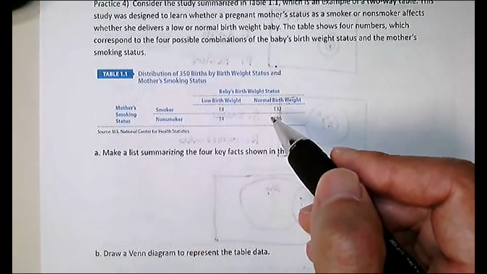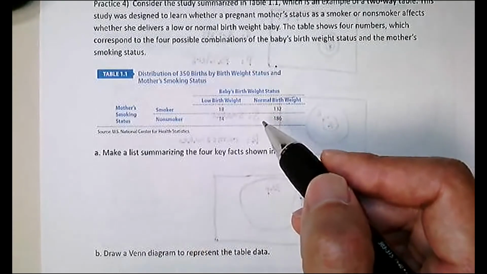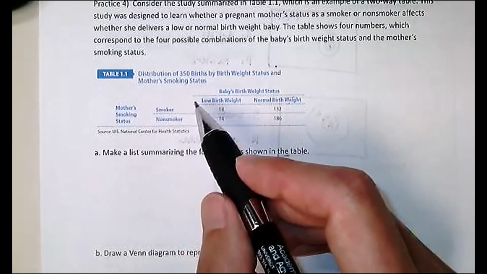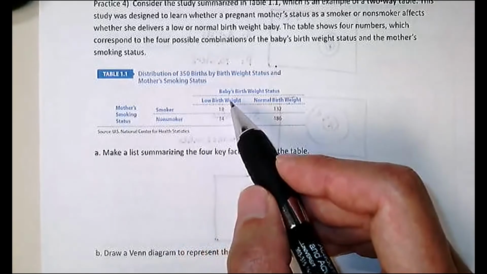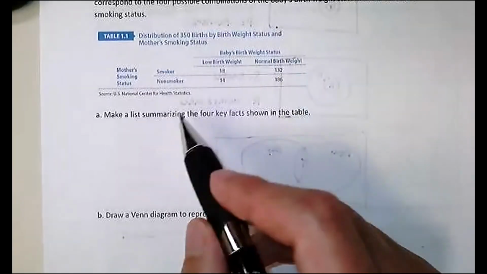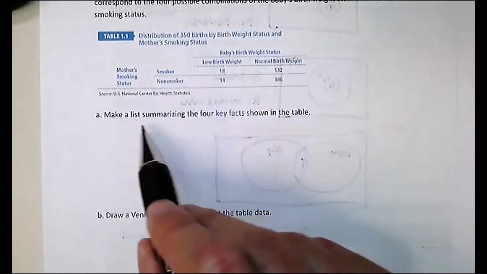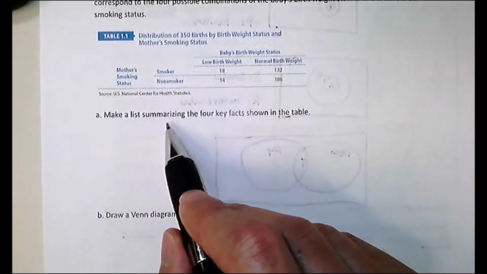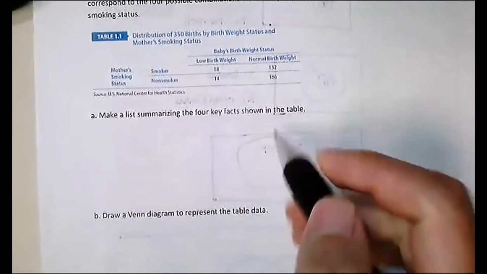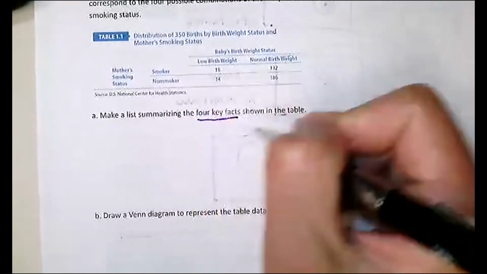So we are trying to discover if there is a relationship between smoker and low birth weight. Practice A. Make a list summarizing 4 key facts in the table. So the keyword is 4 key facts.